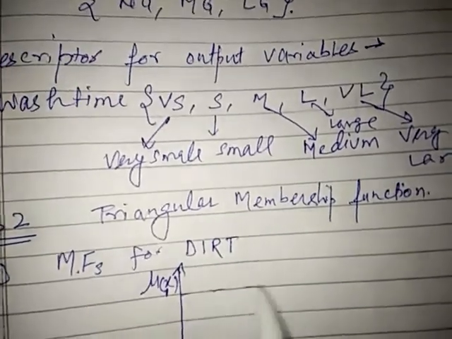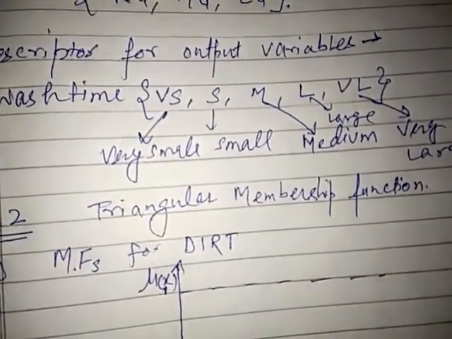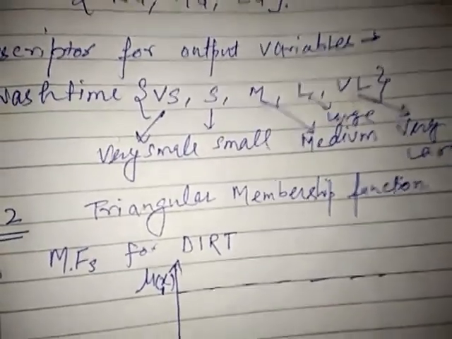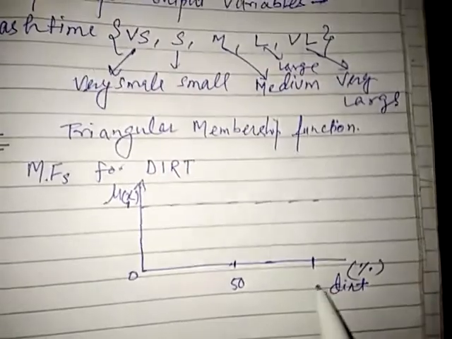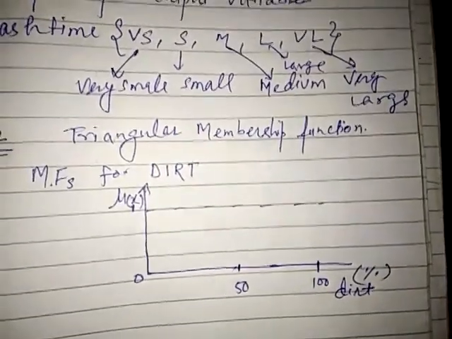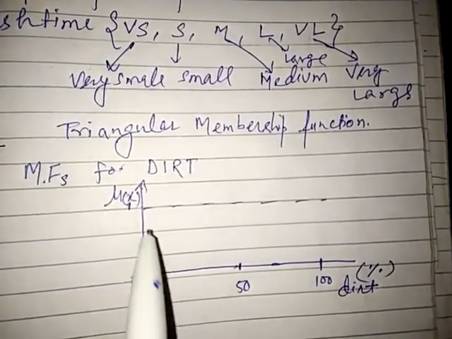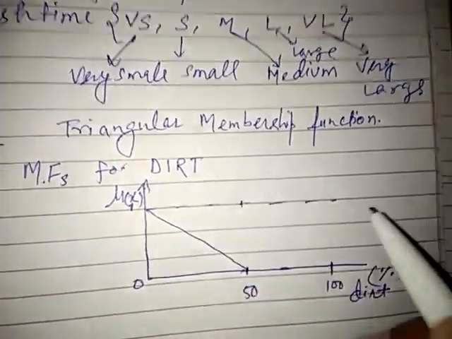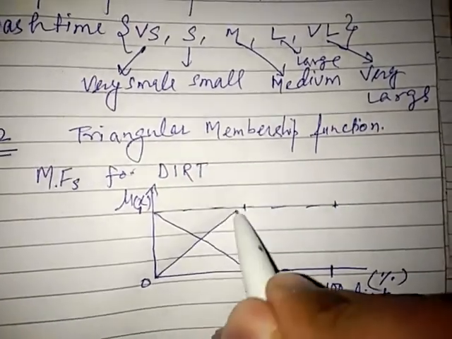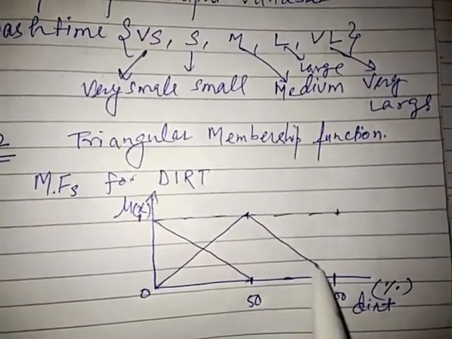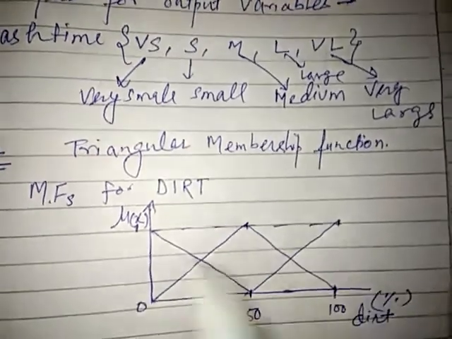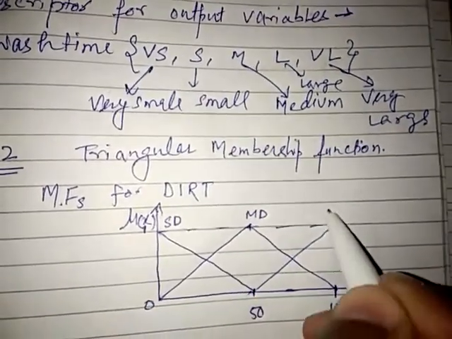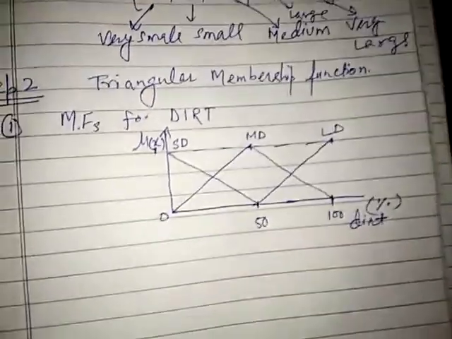Here we are using 50% and 100%. Now we draw the lines like that. Here is the 50 and here is the 100. Here is the small dirt, here the medium dirt, here the large dirt.